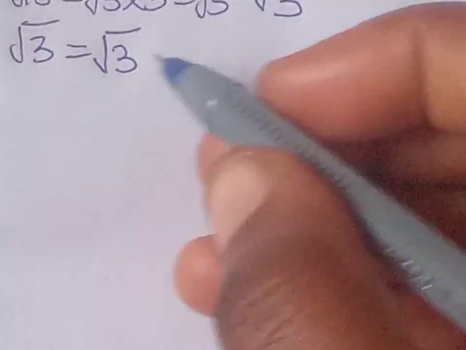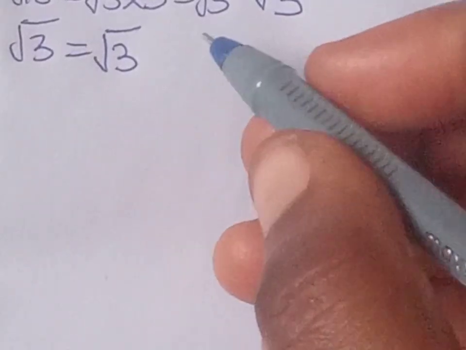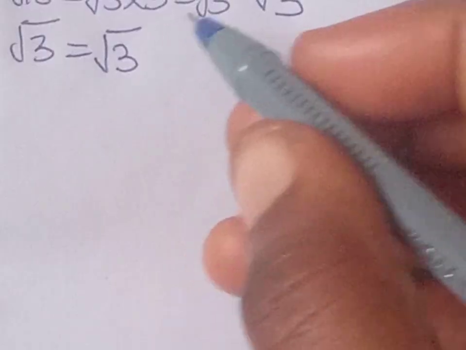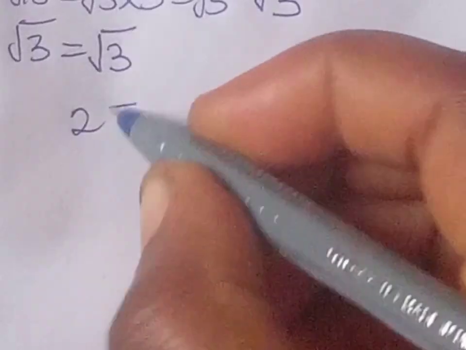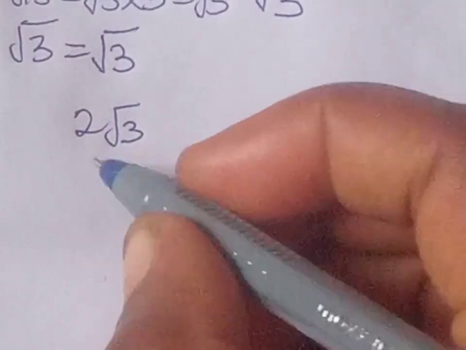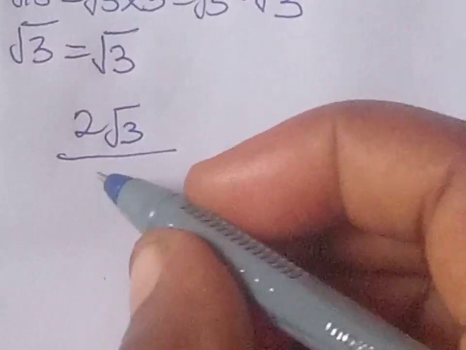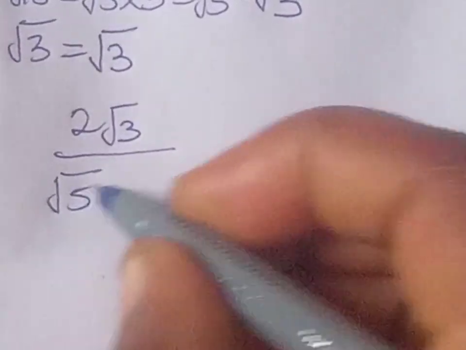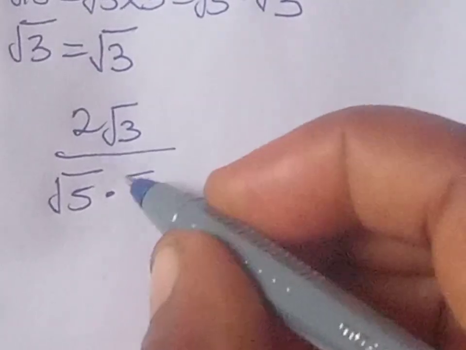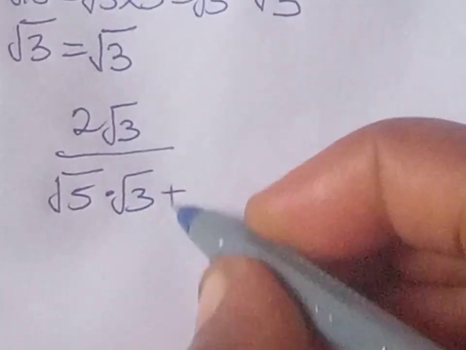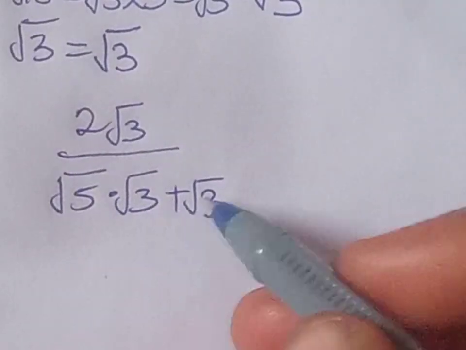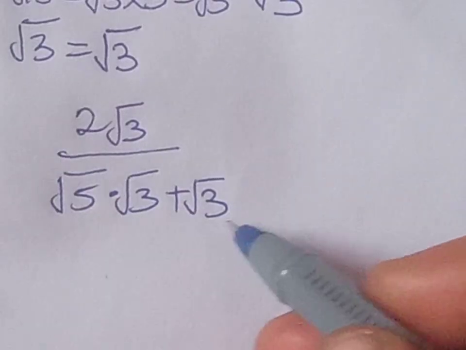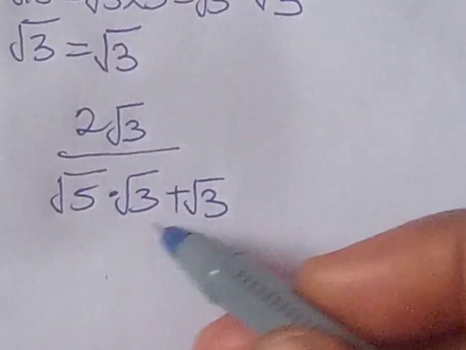The next thing is, let's rewrite the fraction using these simplified forms, which will give us 2 root 3, which is the numerator, divided by square root of 5 multiplied by square root of 3 plus square root of 3. Notice how the denominator has a common factor of root 3.